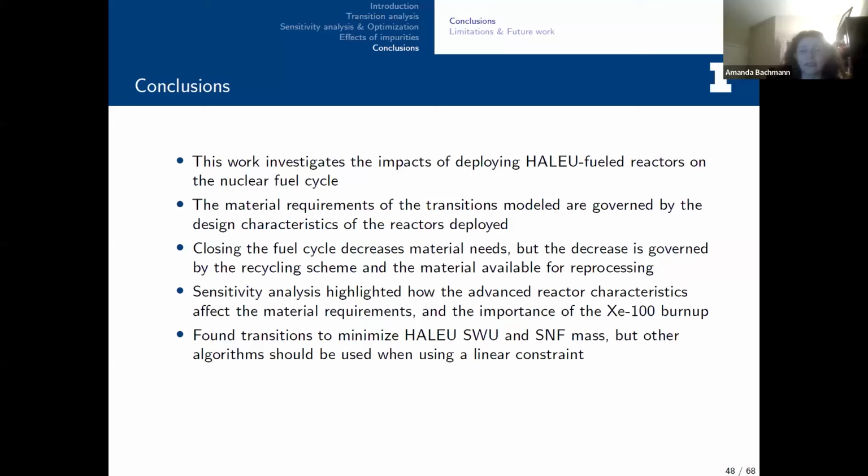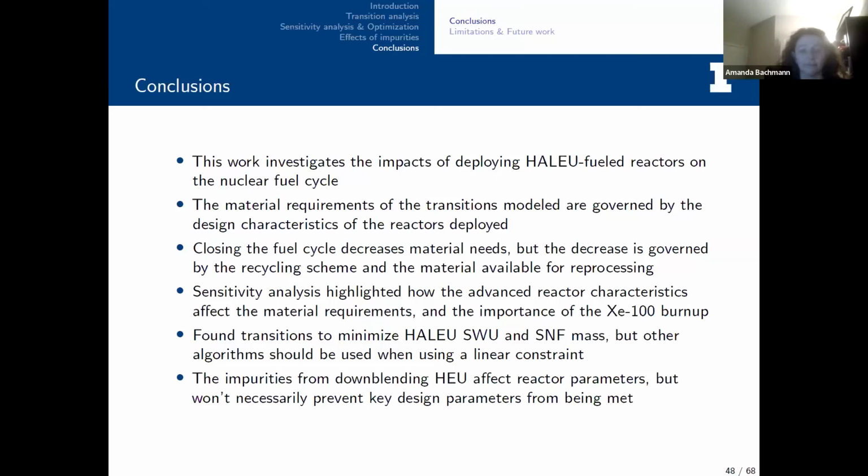The sensitivity analysis that I looked at highlighted how the advanced reactor characteristics affect those material requirements, and really how important the XE100 burnup is within these scenarios that I modeled. When I talked about the optimization part, we're able to do that, but it could be improved a little more. I encourage you to look at my dissertation for more information on that.